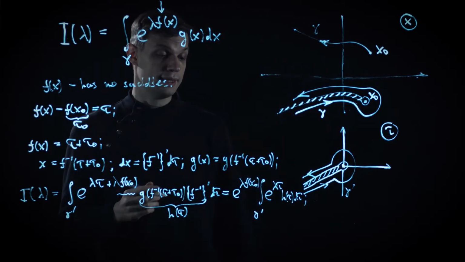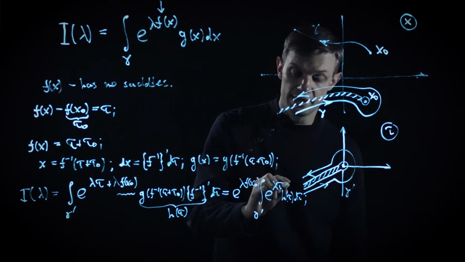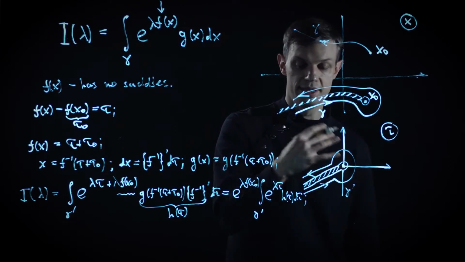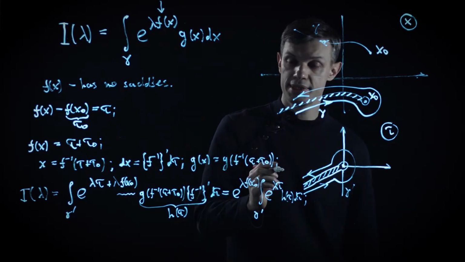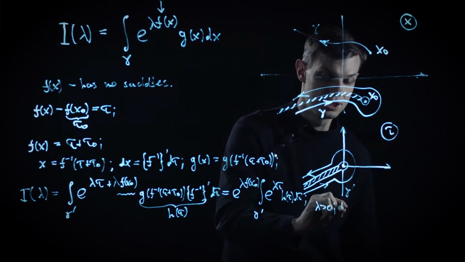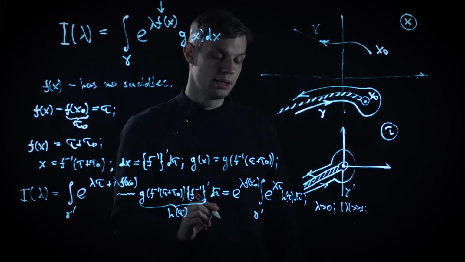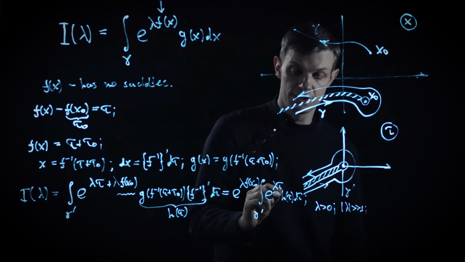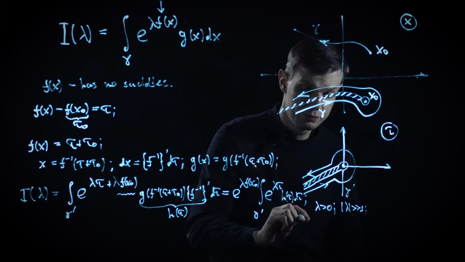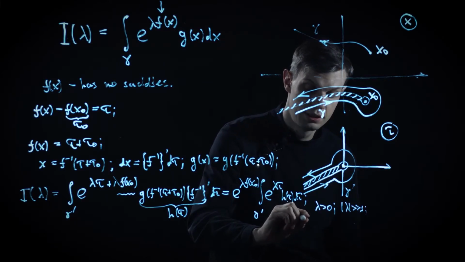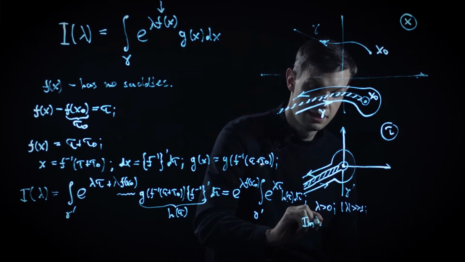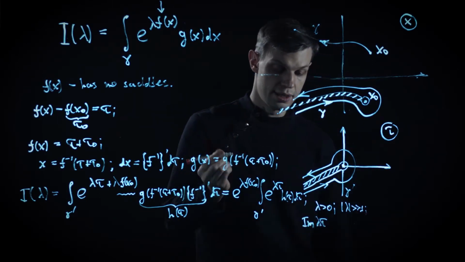Since we have the simpler exponential, let's analyze how the asymptotic is built. For concreteness, lambda is supposed to be positive and large. The steepest descent direction for the exponent is simply the line where the imaginary part of lambda tau is constant.